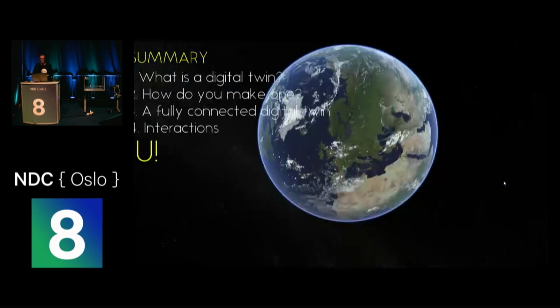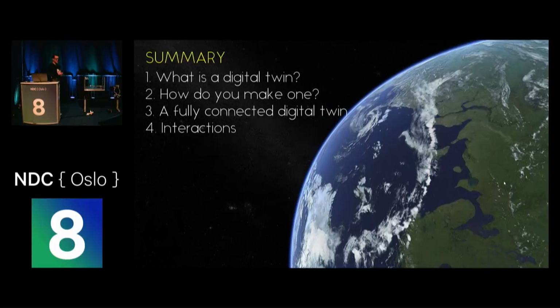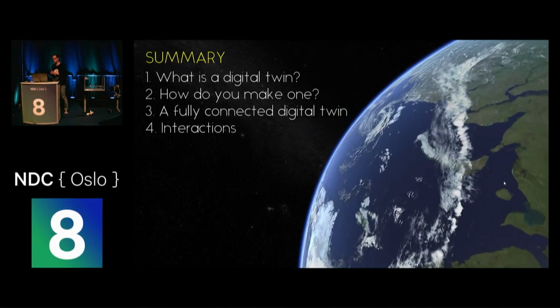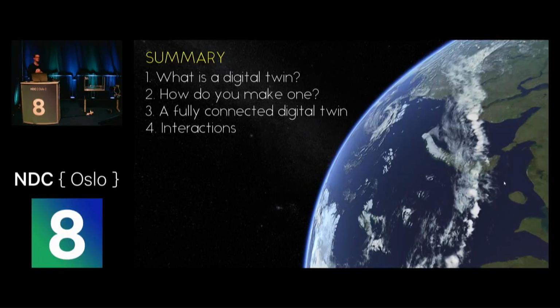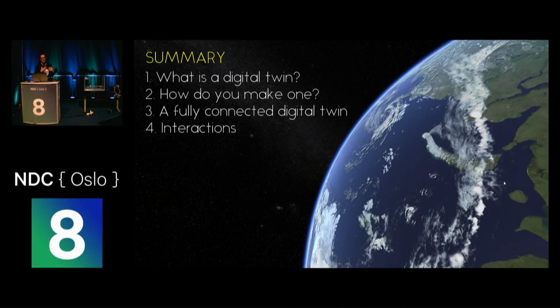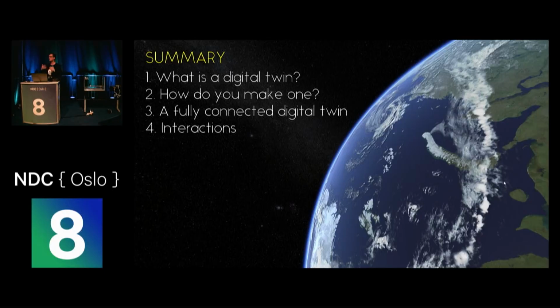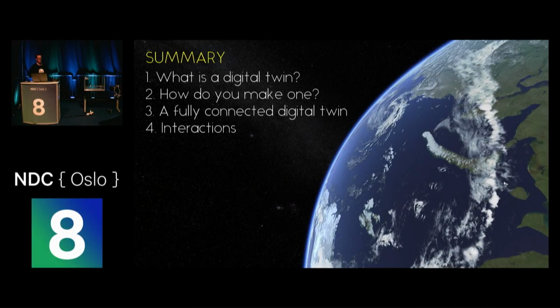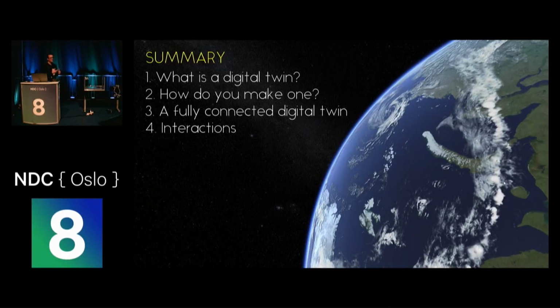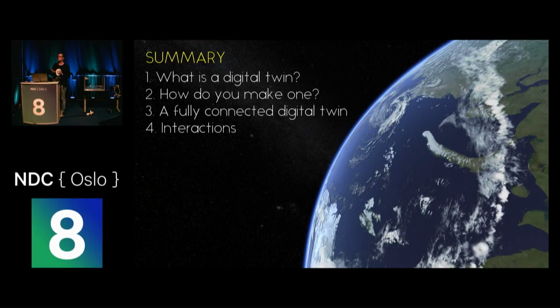So just to sum up this session, we started by going through what the digital twin is in general, and how a living learning module could be a digital asset on your desktop computer anywhere in the world. We also went through how you can make it yourself.